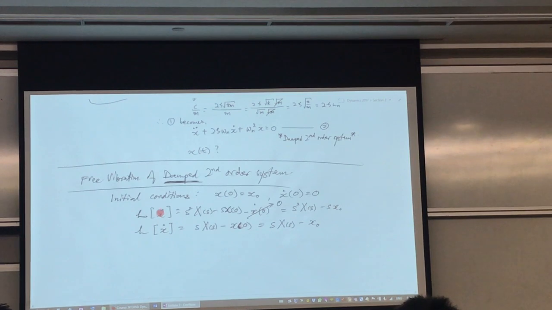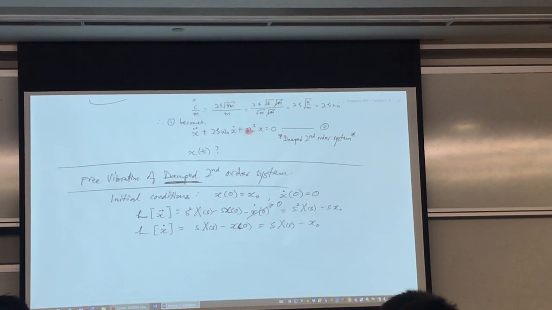Why do I take Laplace of x dot dot and x dot? That's because I'm trying to solve this second order differential equation.